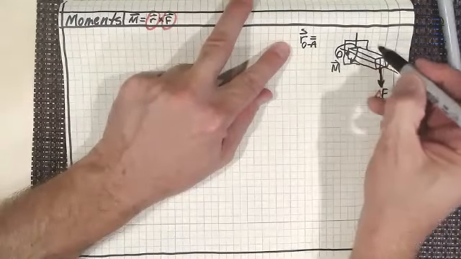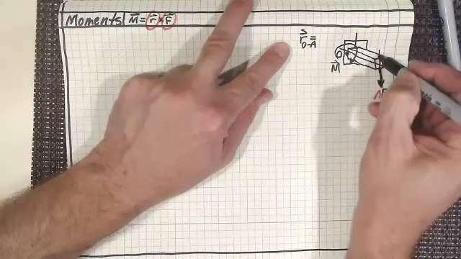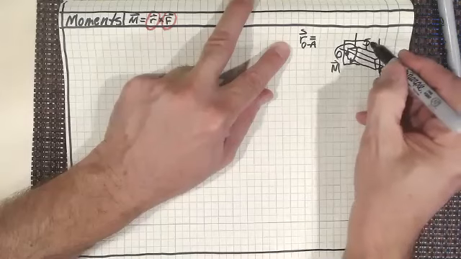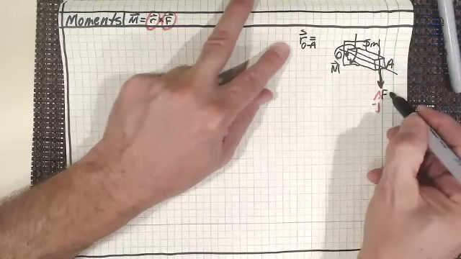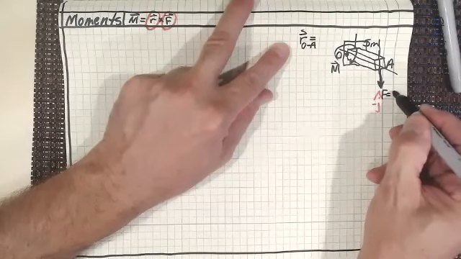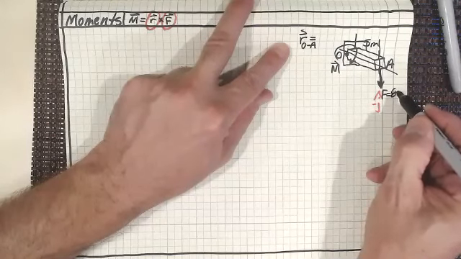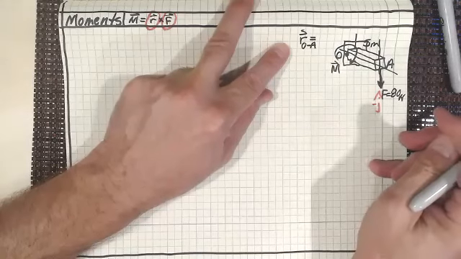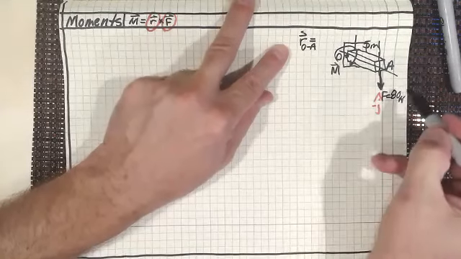Let's give this length an actual value. Let's say it's 5 meters. Oh, and what is the force? Let's say that the force is 80 newtons. So 5 meters, 80 newtons.